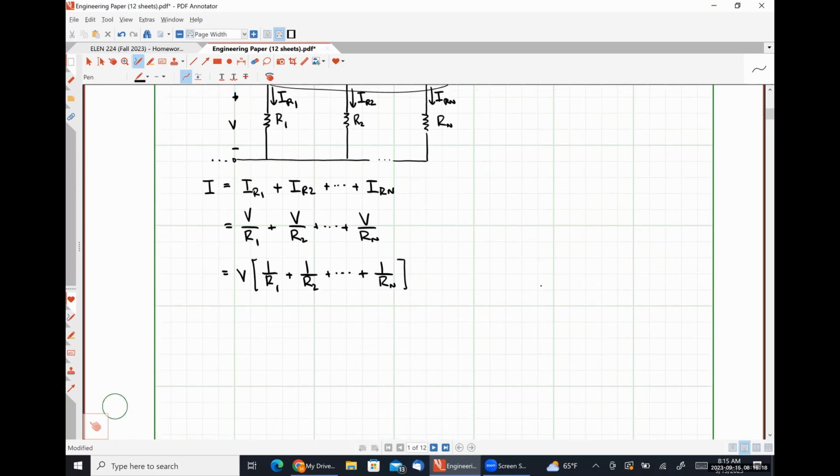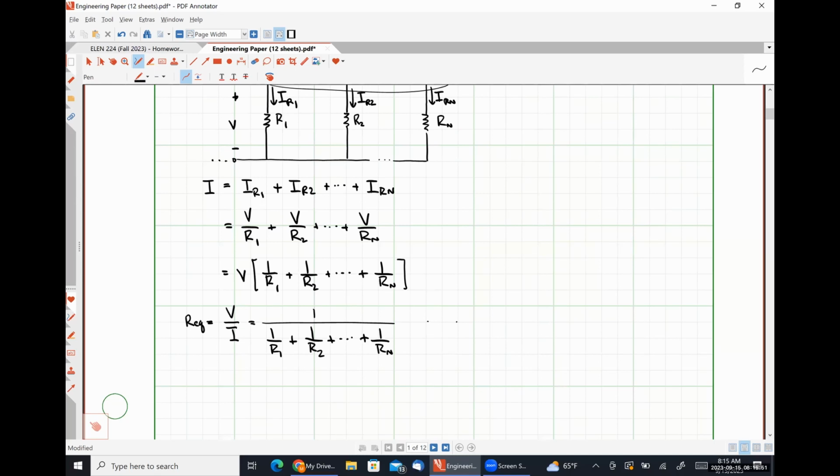So, according to Ohm's law, the equivalent resistance of this network is once again just going to be the ratio of V to I. And so that's going to look like 1 over the sum of the reciprocals of all of those resistances.